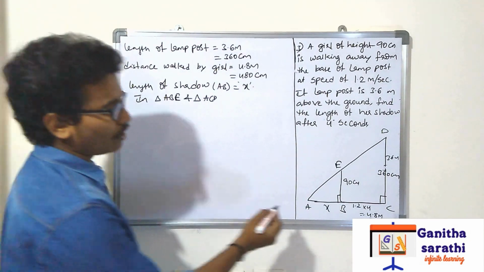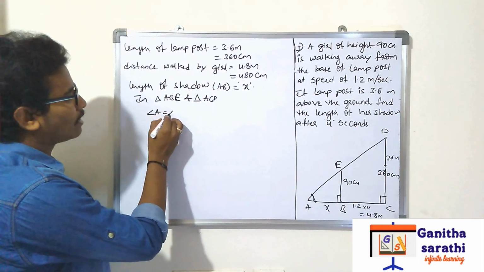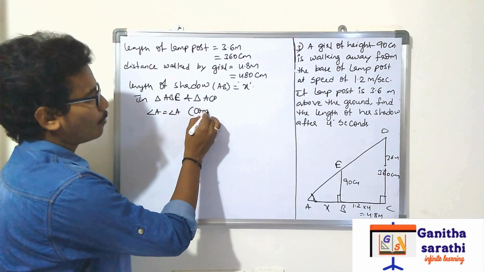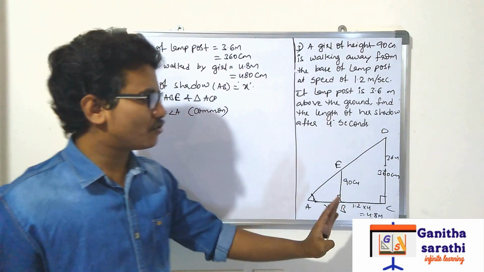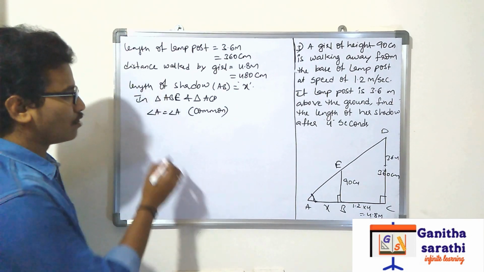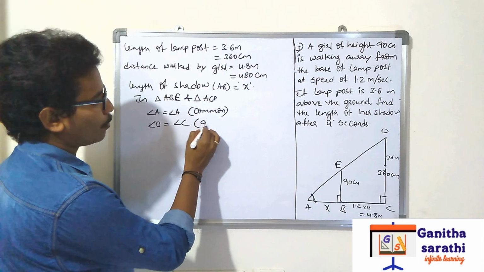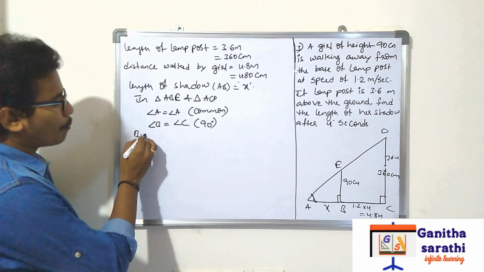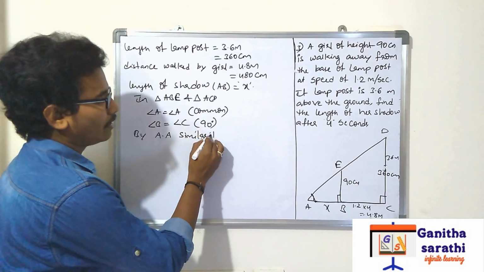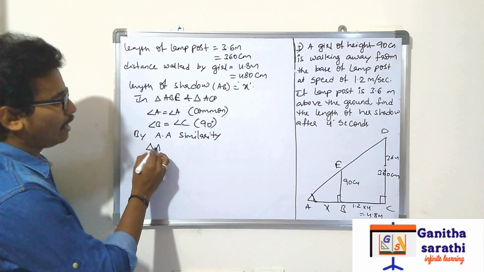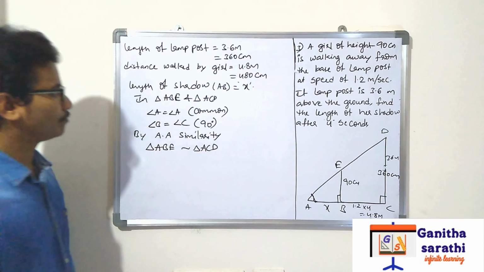So we know that angle A is common in both the triangles, right? So angle A is equal to angle A, that is common. And we know that the girl's height and the lamppost will be straight. Definitely it is 90 degrees. So angle B is equal to angle C. That is how many degrees? 90 degrees. By angle similarity, the two triangles are similar. So triangle ABE is similar to triangle ACD.